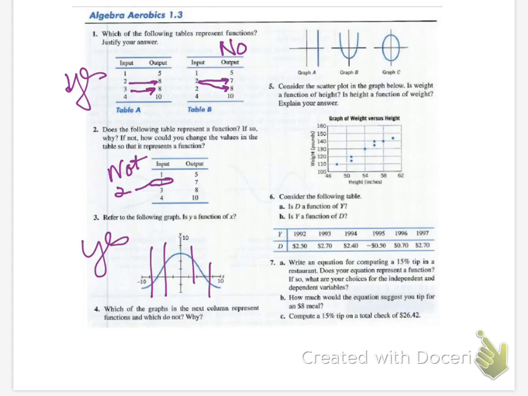Okay, number 4. Which of the graphs in the next column represent functions and which do not? Okay, so let's look at these graphs. Now, graph A is kind of interesting. I only see one vertical line. Okay, so what does that mean? Well, if I draw a vertical line on top of that, do I hit it more than once?